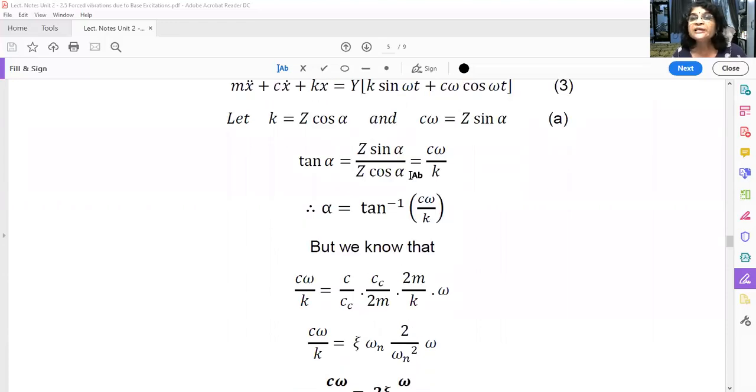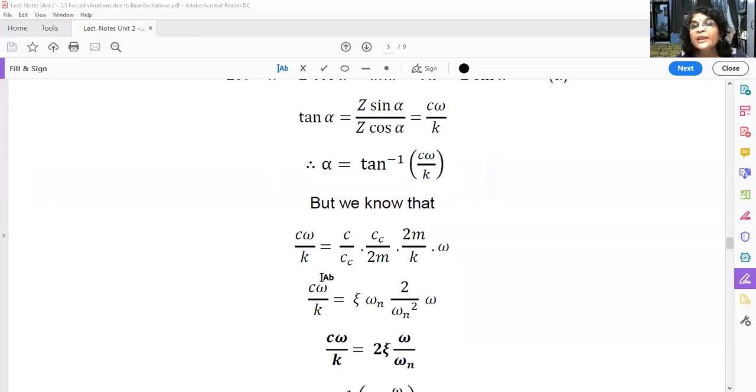Now c omega upon k, earlier also we have written in terms of zeta and omega n, because zeta we can easily find out. So how do you write c omega upon k in terms of zeta? Let us write c omega upon k, divide by c_c and multiply by c_c, divide by 2m and multiply by 2m.